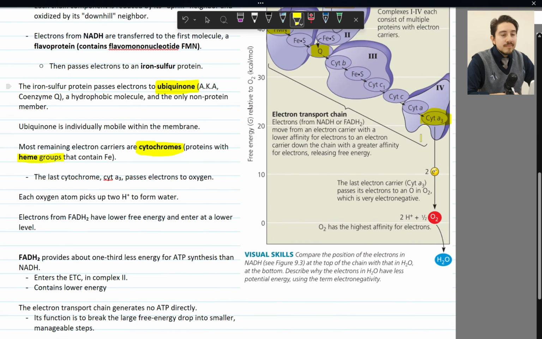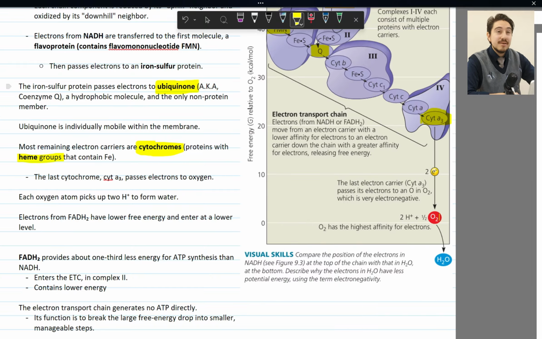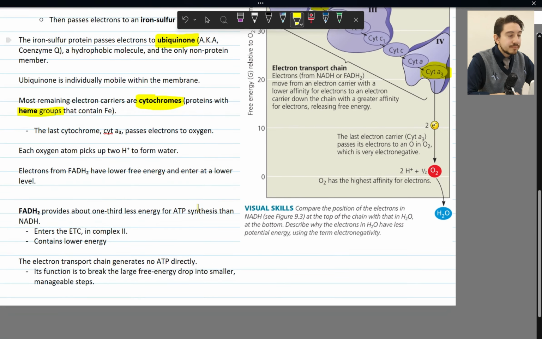So ultimately, this cytochrome A3 will pass electrons to oxygen. Since oxygen has the highest affinity for electrons, it will accept them with hydrogen ions, these two protons, to produce water.